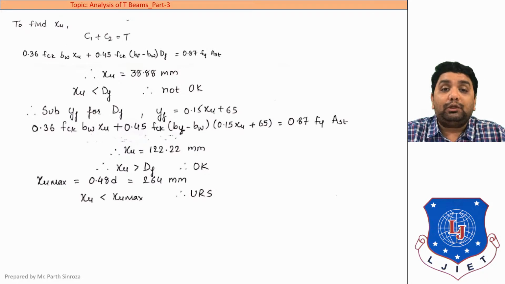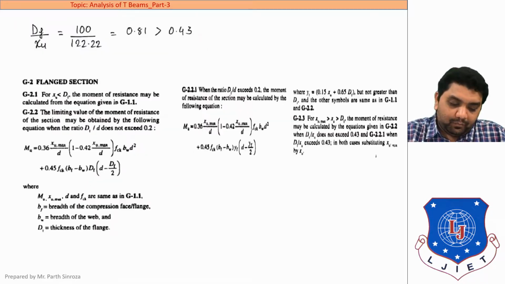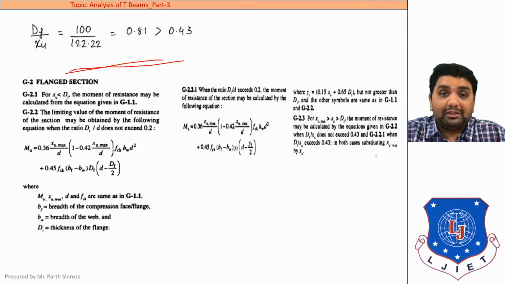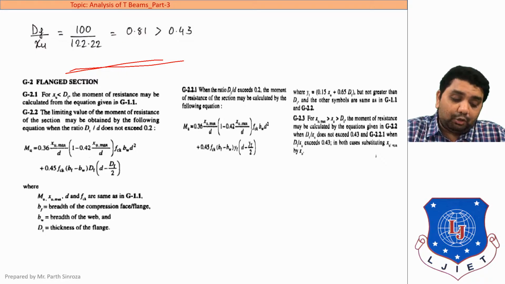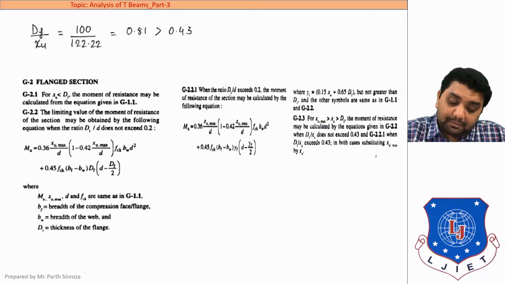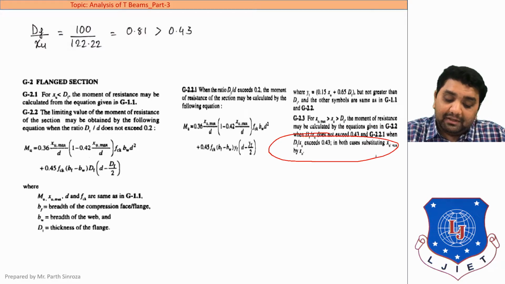Now we will be moving forward to the ratio, that is DF by XU, to see whether we will be using equation 2.2 or 2.2.1. So DF by XU, DF being 100, XU we have obtained as 122.22. So the ratio comes out to be 0.81 in this case, which is greater than 0.43. As per this statement, whenever DF by XU exceeds 0.43, we will be using equation 2.2.1.